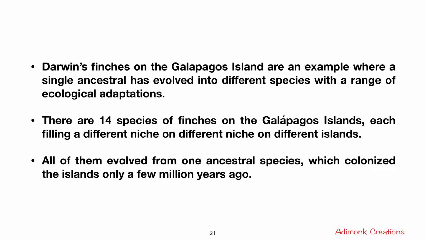A good example is Darwin's finches on the Galapagos Islands, where a single ancestor has evolved into different species with a range of ecological adaptations. Altogether there are 14 species of Darwin's finches on the Galapagos Islands now, each filling a different niche on different islands. All of them evolved from one ancestral species which colonized the islands only a few million years ago.